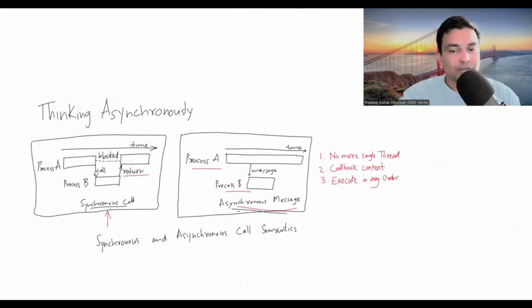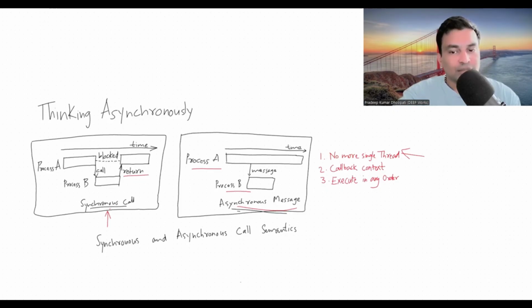The first implication is there is no more single thread communication happening. When process A sends a message to process B, process B processes that message in another thread. So there are multiple threads, and this makes debugging much more difficult when compared to synchronous calls.